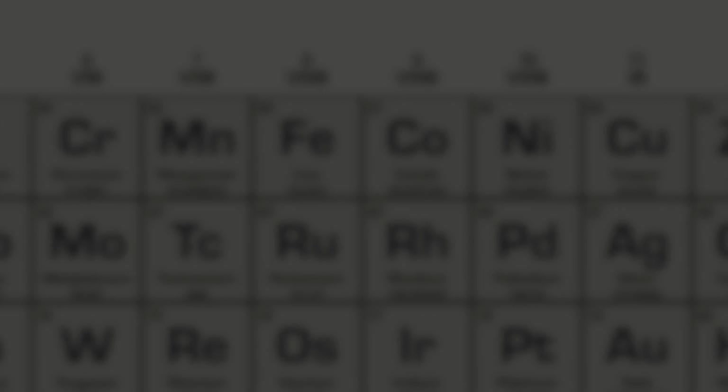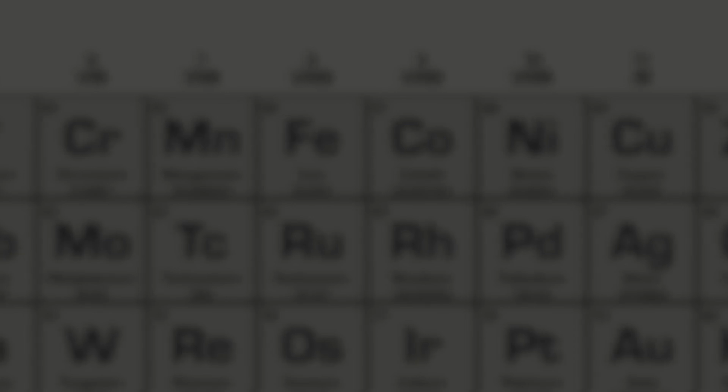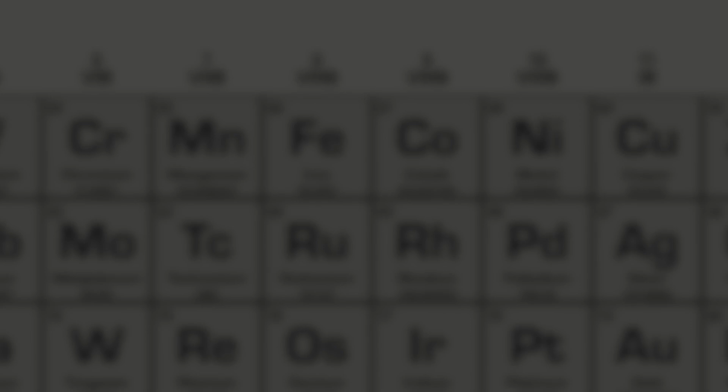They typically form +3 oxidation states, although some also form +2 or +4 under specific conditions. Cerium, for example, can form both +3 and +4 oxidation states.